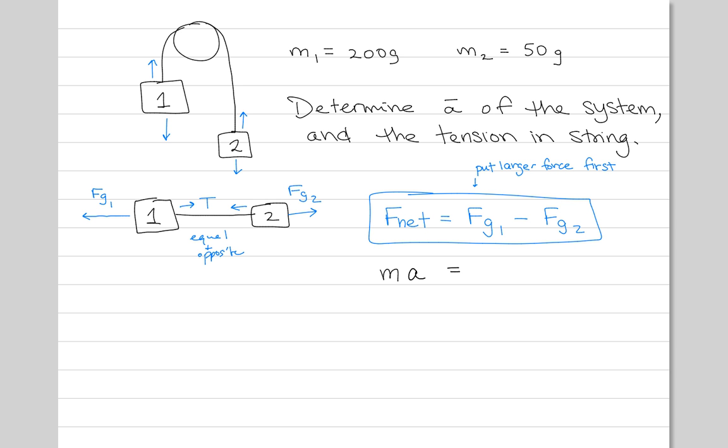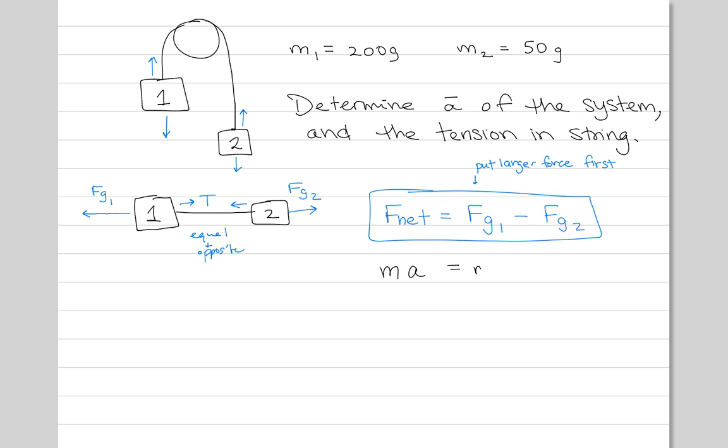In this case it's just 2. So we go M1G minus M2G. And we've got to be careful about this M right here. Which M is this? Is this the mass of 1, 2, or both? Oh, you guys are good. So put a little T there for total, M total.